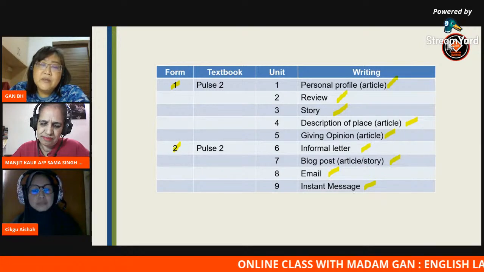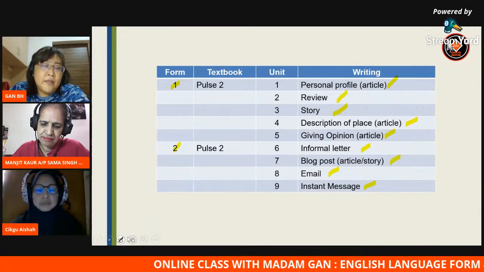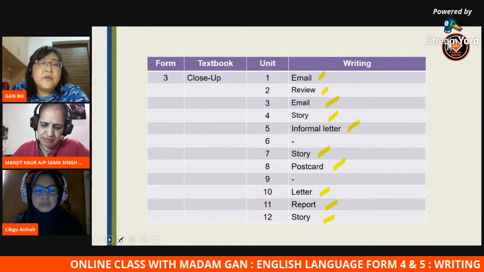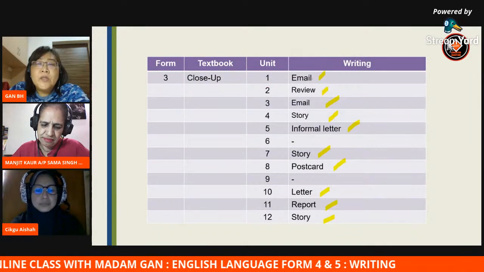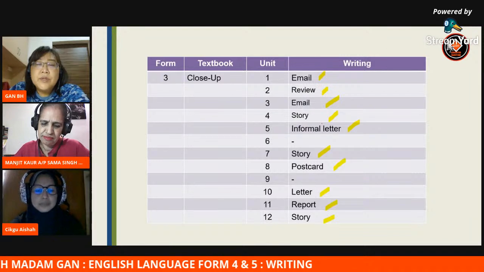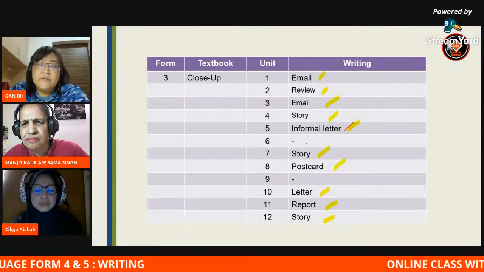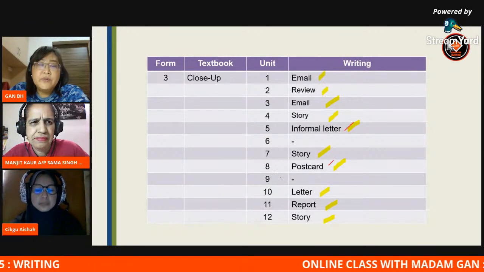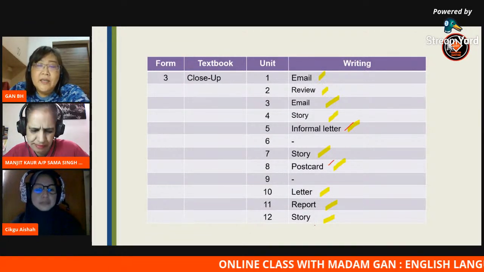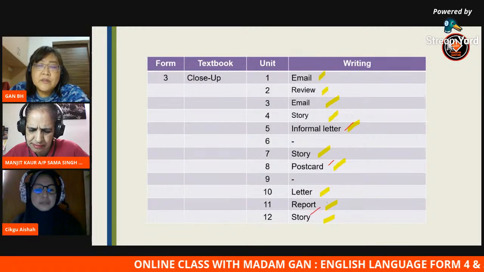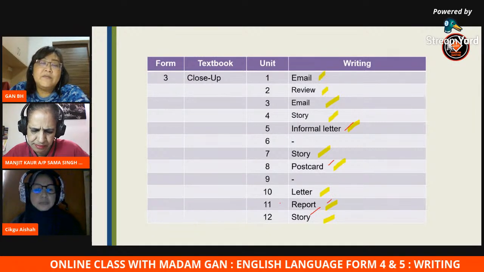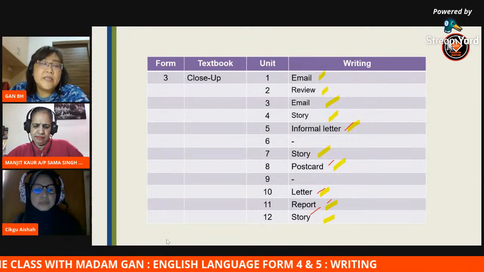Then you have email, then instant message. When you go to Form 3, you have also email, review, email, story. Then you have informal letter for Form 3. Form 3 also has a postcard for Unit 8. Then you have also a report for Unit 11, and another letter in Unit 10.